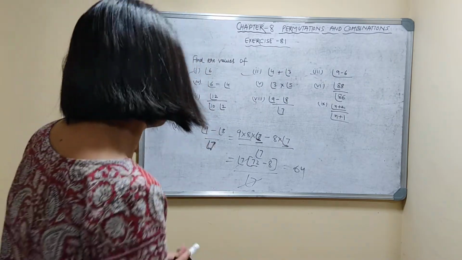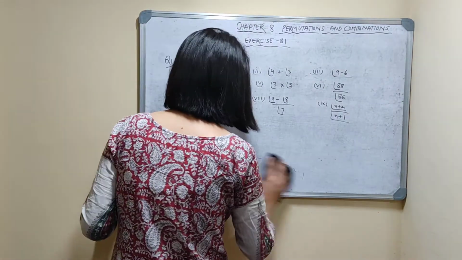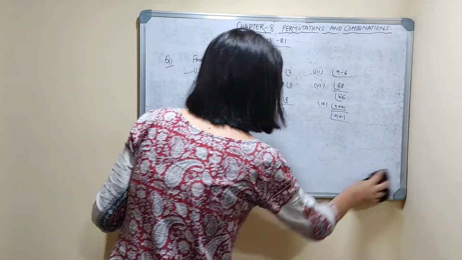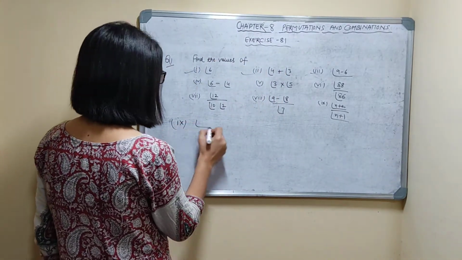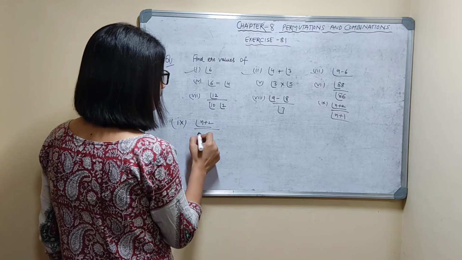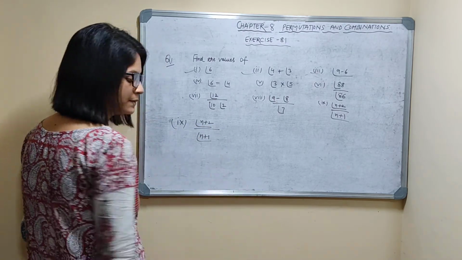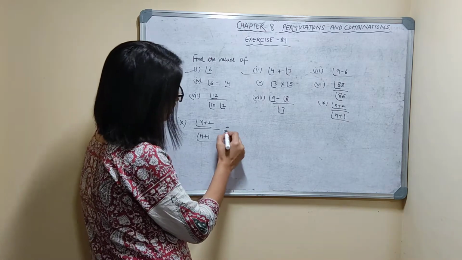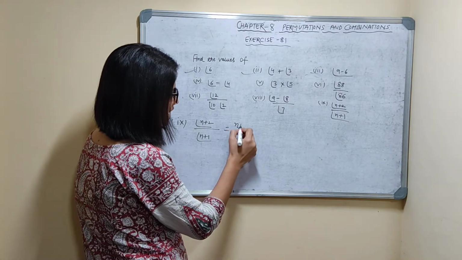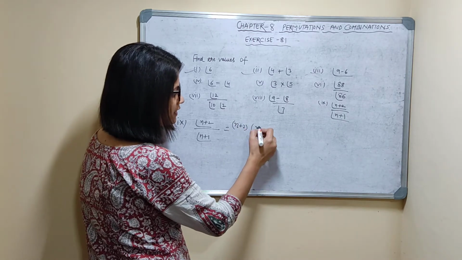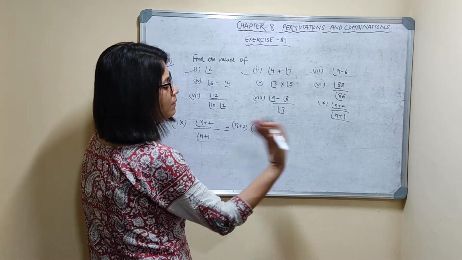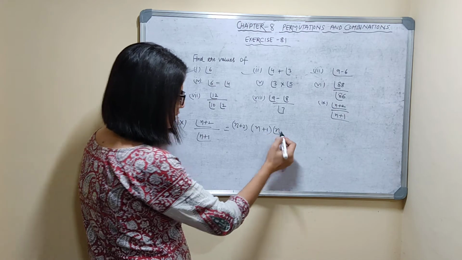Now part 9th. It's written factorial n plus 2 upon factorial n plus 1. So n plus 2, I can write n plus 2 minus 1, it is n plus 1, then n plus 1 minus 1, that is n, factorial n.